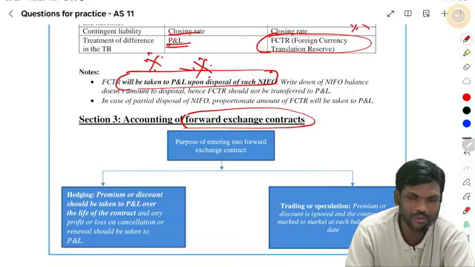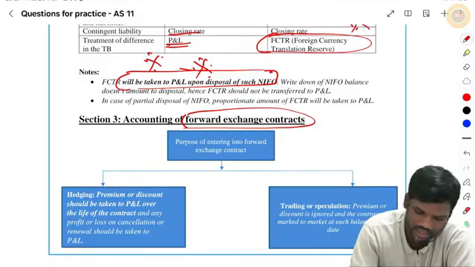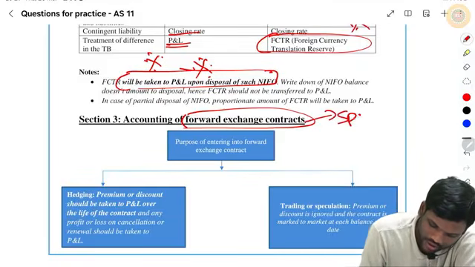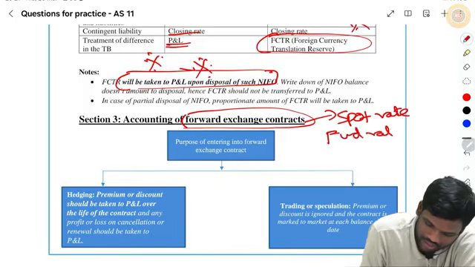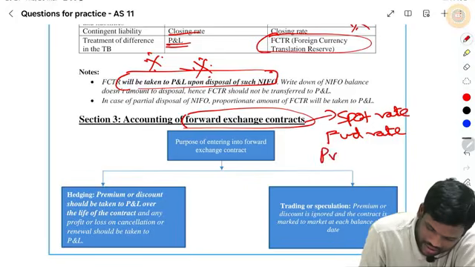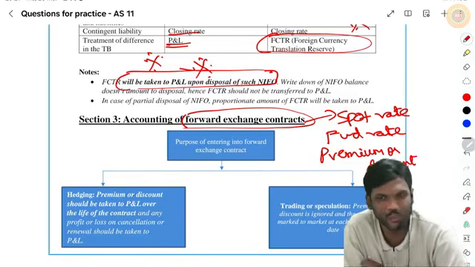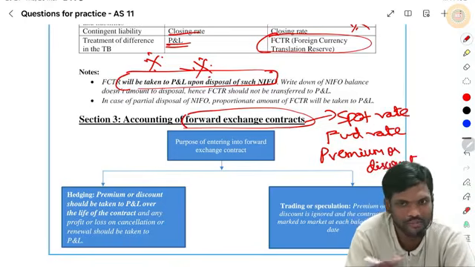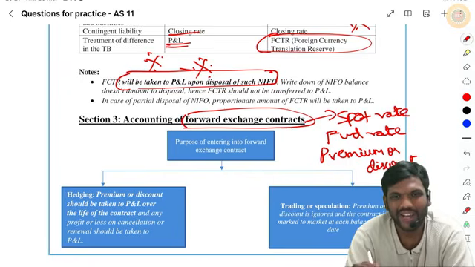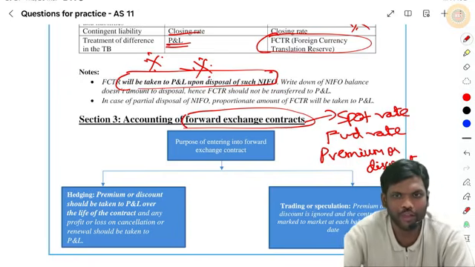Here we should be aware of certain two or three terms which are important for understanding. One is spot rate, another one is forward rate. Kindly excuse my handwriting. And then there is something called premium or discount. Let us quickly understand these terms so that you will be comfortable with the questions. Spot rate means the exchange rate on the date of entering into the forward contract.